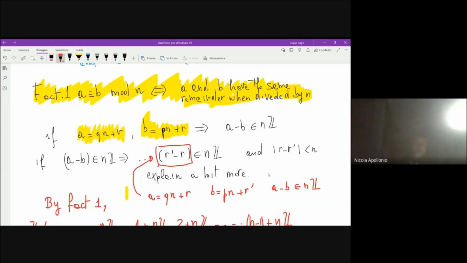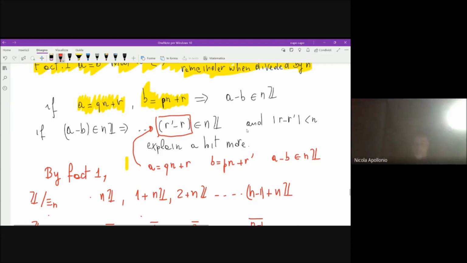That R minus R prime is 0, the unique multiple of n which is smaller than n in absolute value.